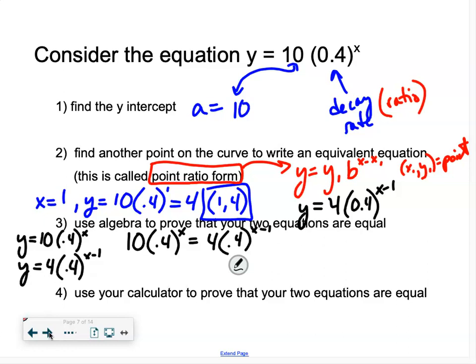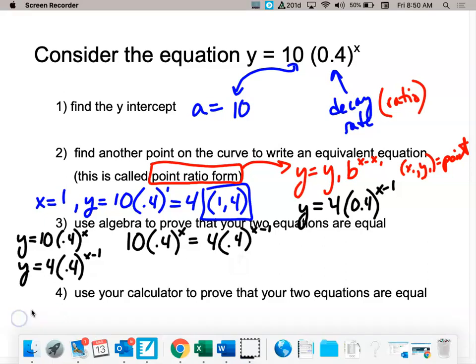So this is the same... Okay, there's two different ways to go. I'm kind of going back and forth on which way I want to show you.